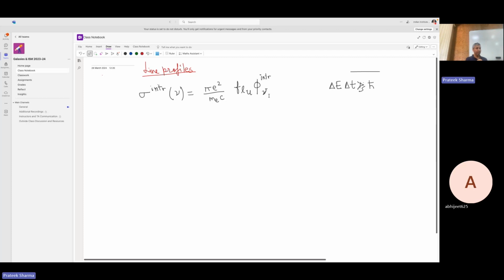That is what gives rise to the intrinsic line profile, which is different from a delta function. So normally it is described by a Lorentzian.